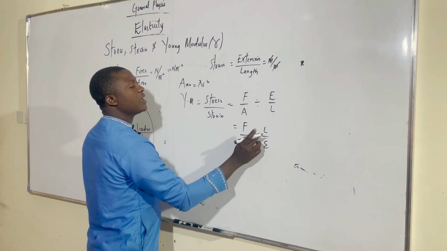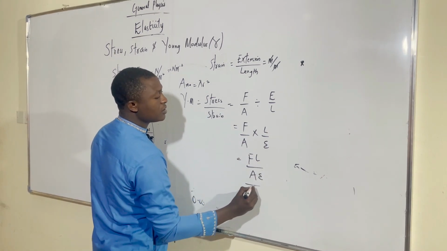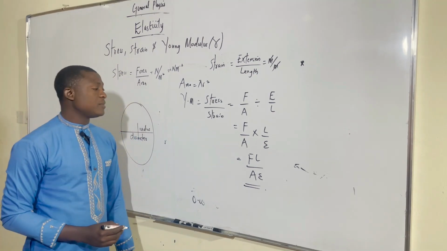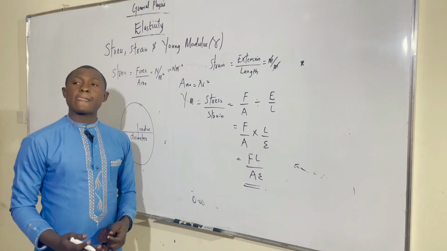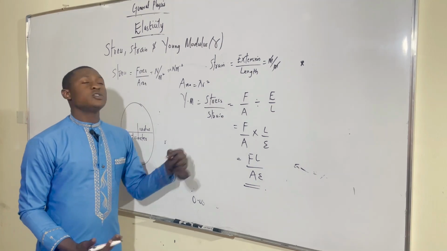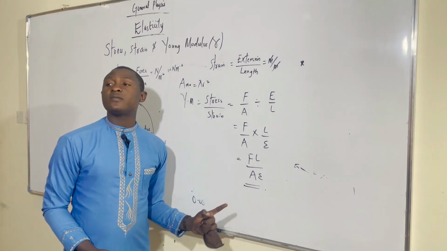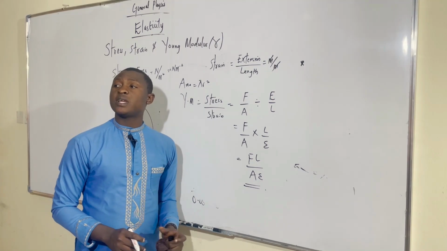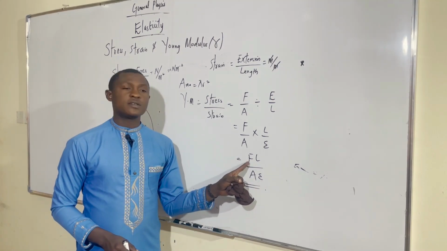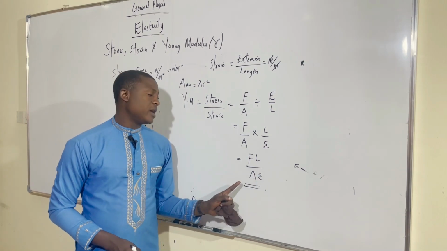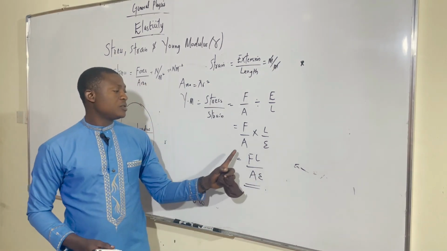So F times L over A E. That means if you are getting your stress and your strain, you can apply that, or if you are given all the data and you have to find the Young modulus directly, you can just apply this formula: force times length divided by area times extension. It depends on the question we're solving.